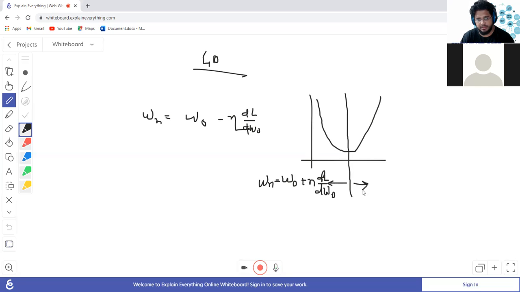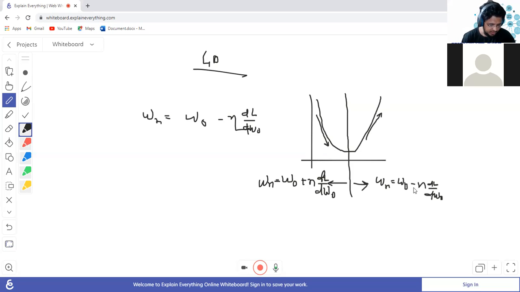And in this part, W new is equal to W old minus learning rate into dL by dW old. So when you're in this part of the graph, it is plus and in this part it is minus, because I already said here the slope is negative. So negative becomes positive, and here the slope is positive, so positive becomes negative.